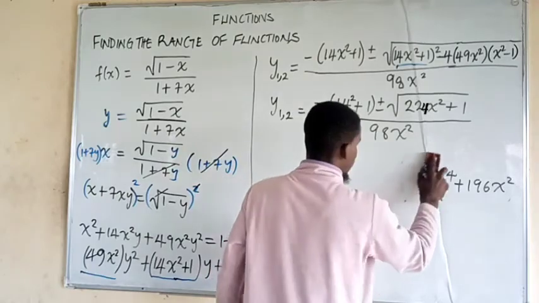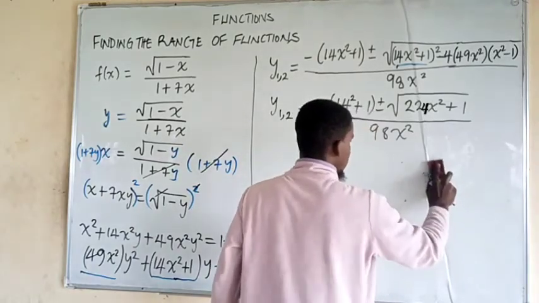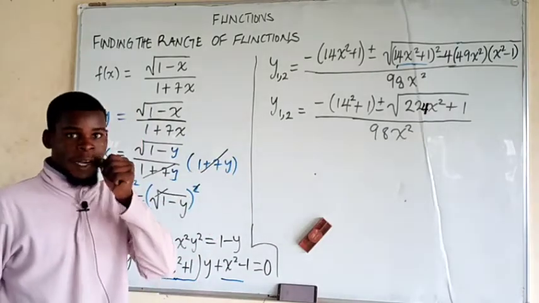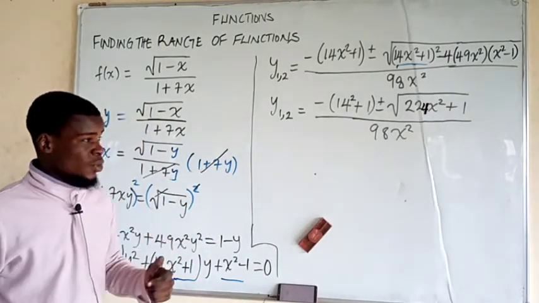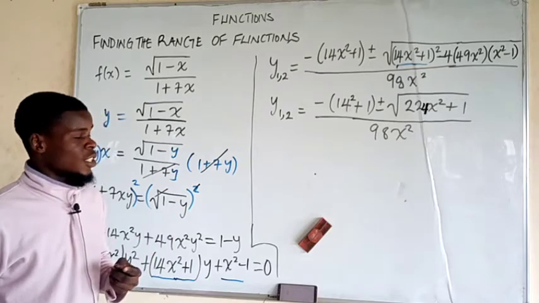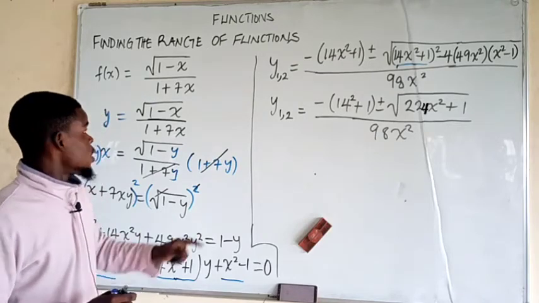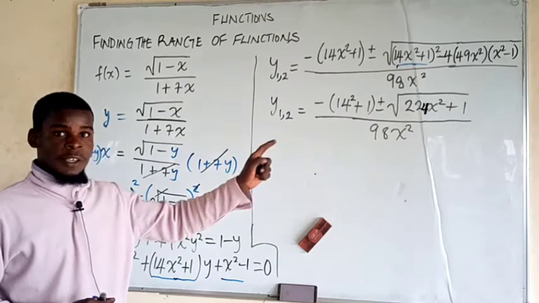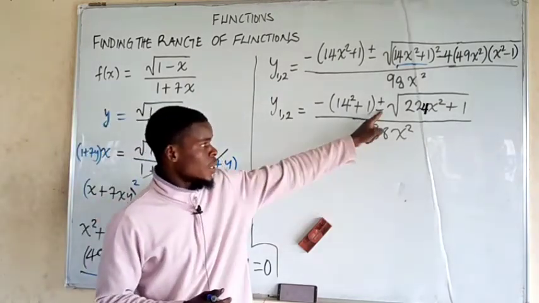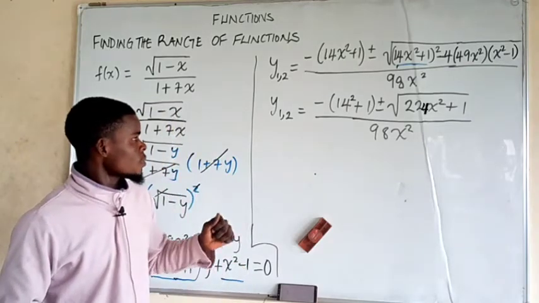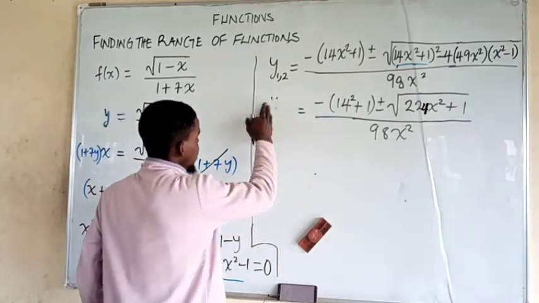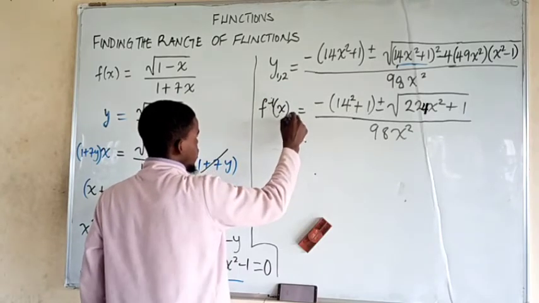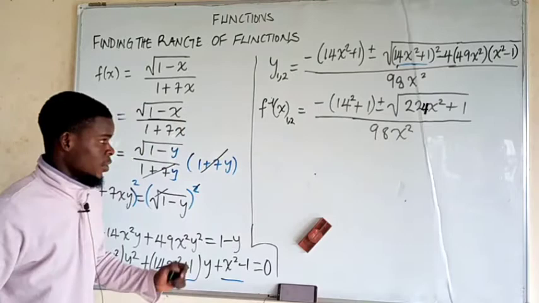Okay, and now notice that this new y that we've been looking at is the inverse of that given function. There are two of them. Well, the inverse here is not unique because this function is not a one-to-one function. There are two of them here. The positive here, and then we can write it with the negative sign here. Good. So maybe I can replace this y1,2 with f inverse of x. Maybe I just put down the 1 and 2 to show there are two different values there.